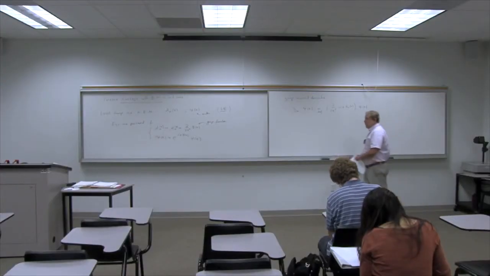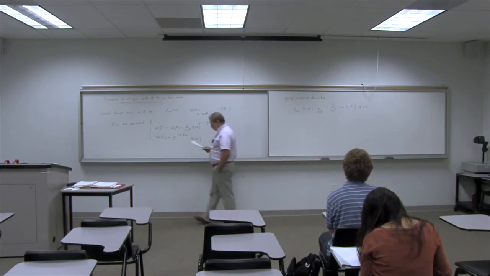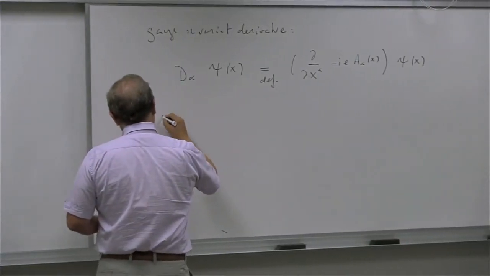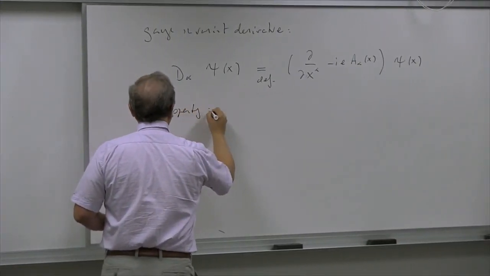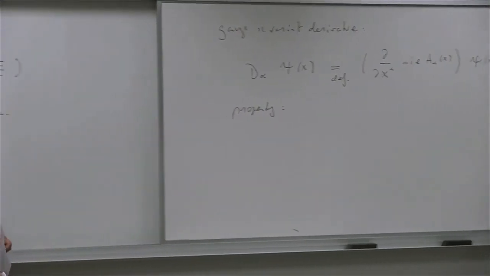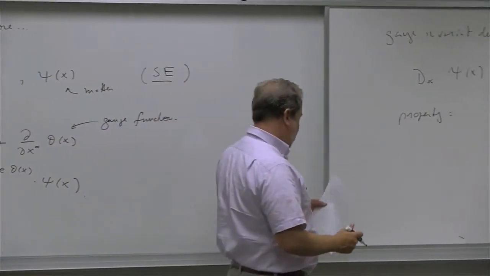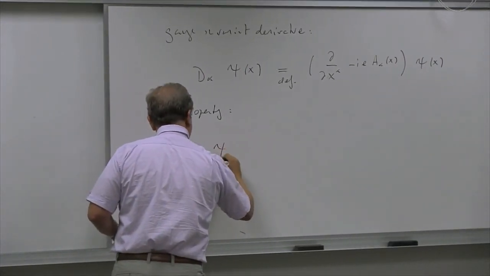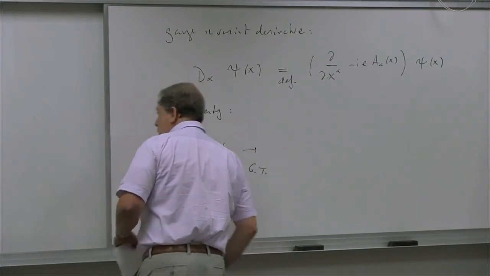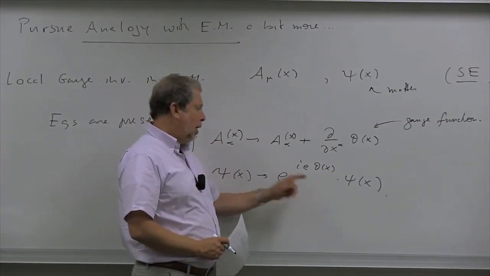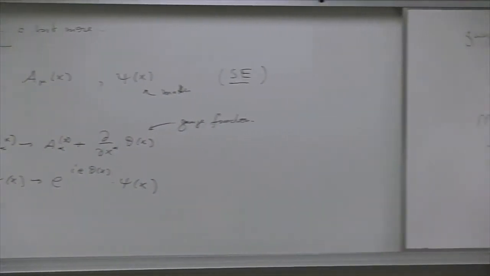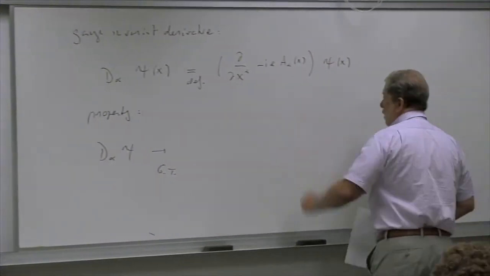And so this is the analog of this covariant derivative that we discussed for the gravitational field. And the important property that this derivative has is that it transforms like the field itself. Namely, that D alpha of psi under a gauge transformation, right? So we're going to do this combined transformation of the A field and the psi field. The A field gets shifted by a derivative of theta, because that's coming from this derivative term.